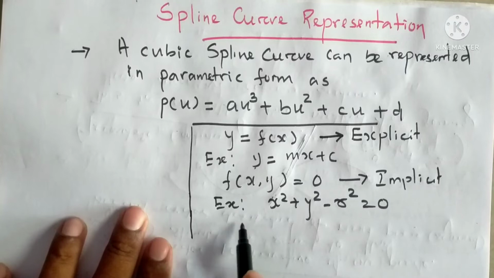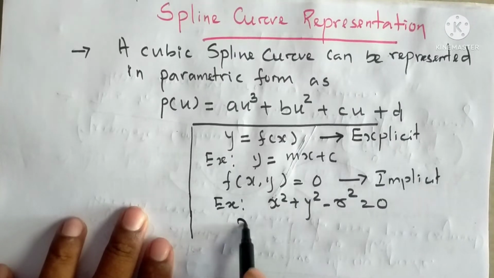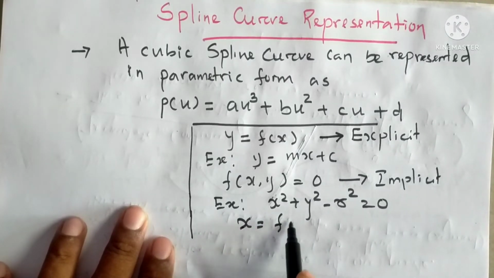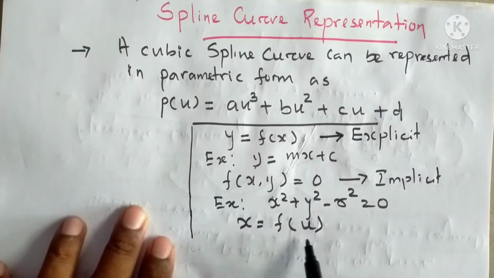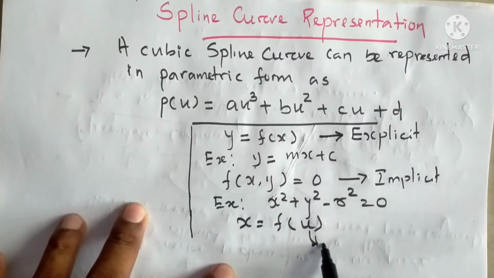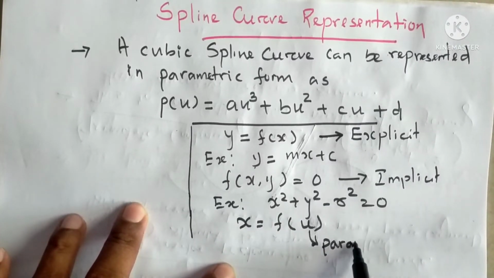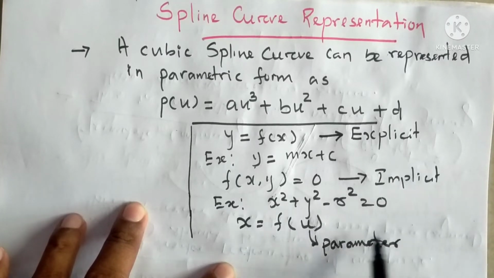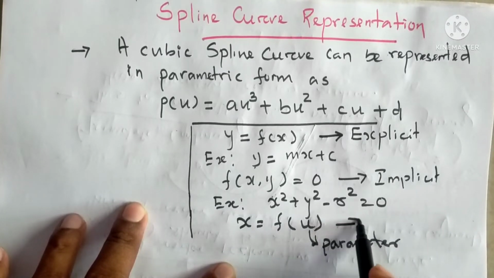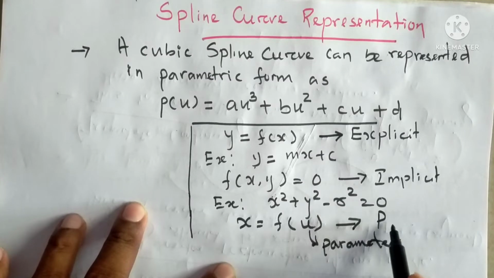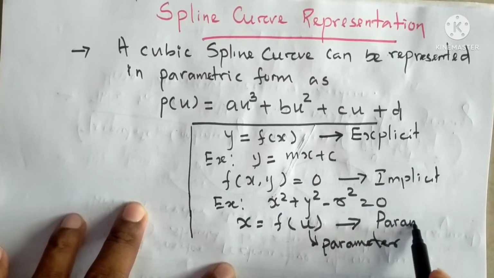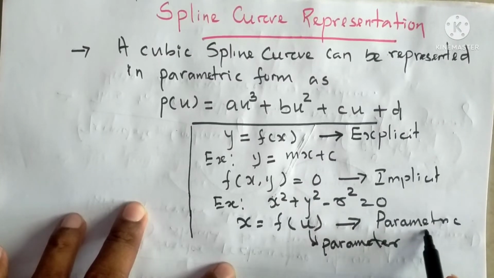In the parametric form, you write x equals f of u. Here we are using a third, extra parameter. That's why it is called the parametric representation of the curve.